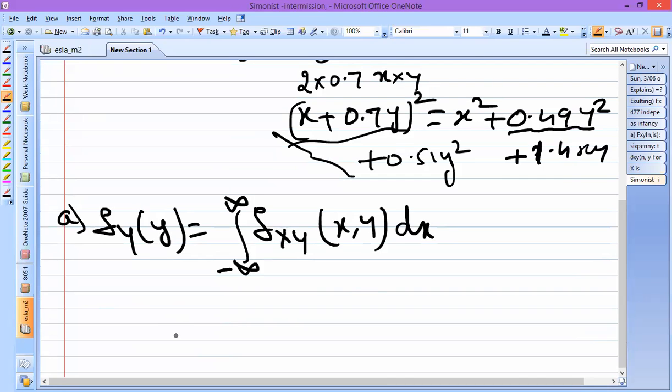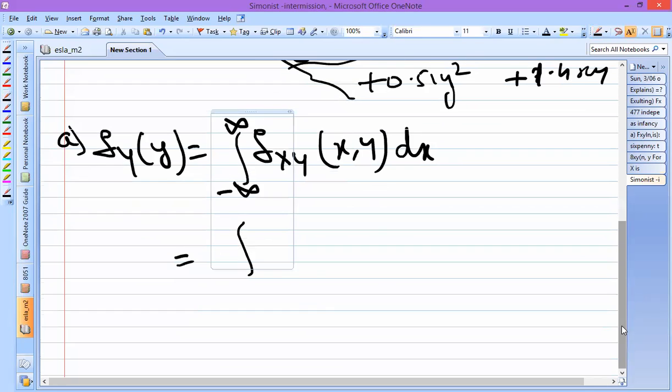So this can be further written as, according to the given data, x and y both take the range from minus infinity up to plus infinity. We are not going to change that, so we'll keep the integration from minus infinity up to plus infinity for the variable x.